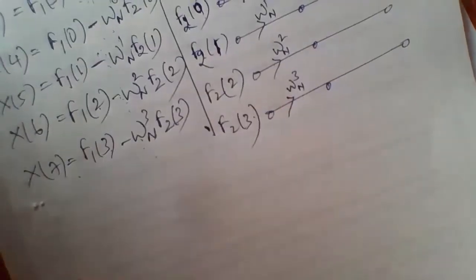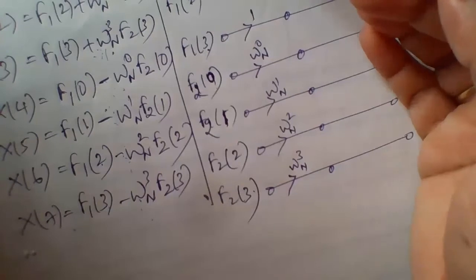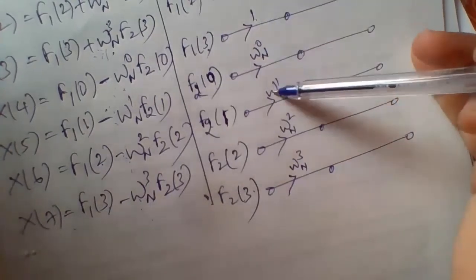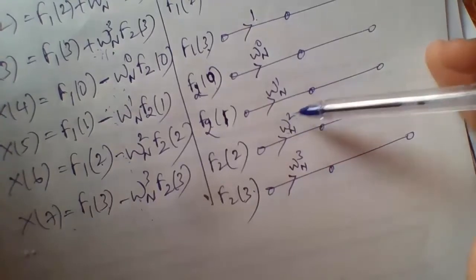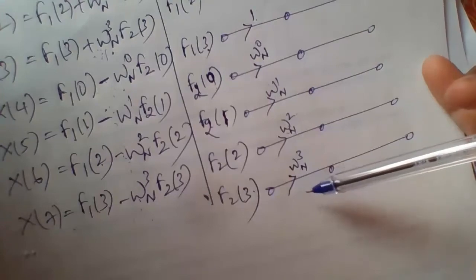Now in the previous second stage, we had 1, 1, w raised to 0, w raised to 1, 1, 1, w raised to 0 and 1. Now here 4 ones and 4 dual factors.